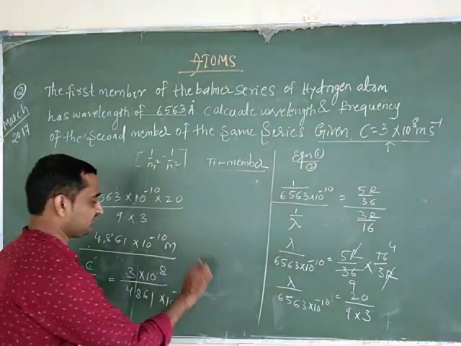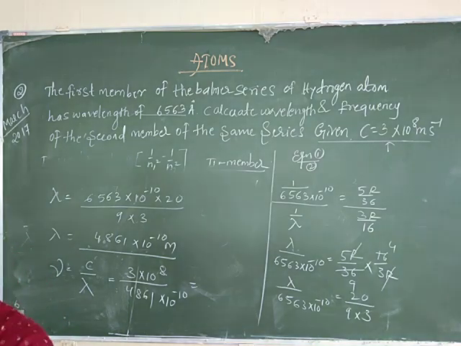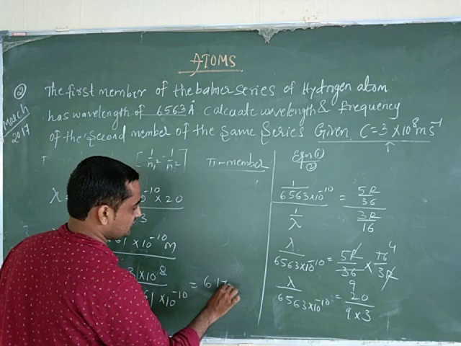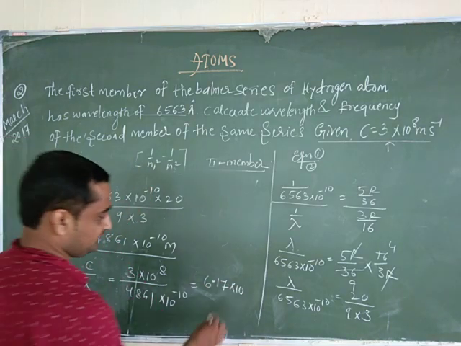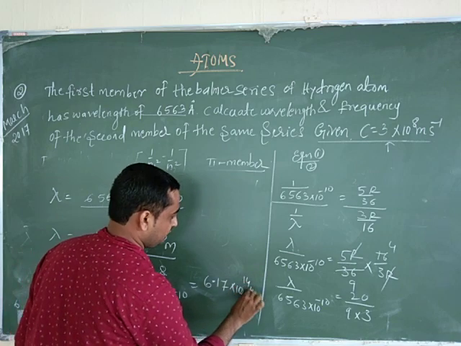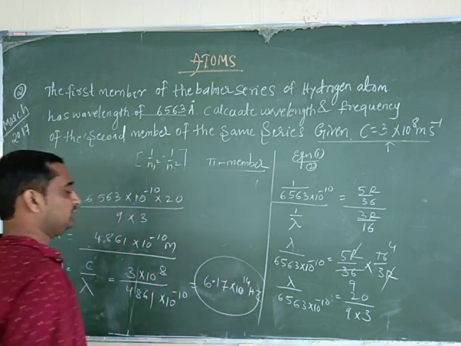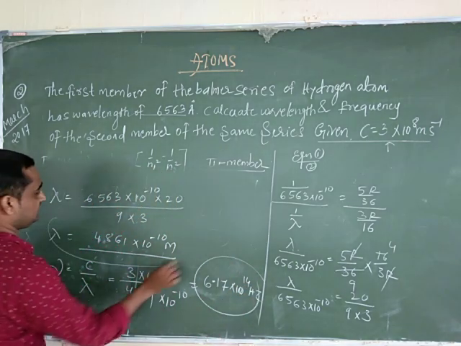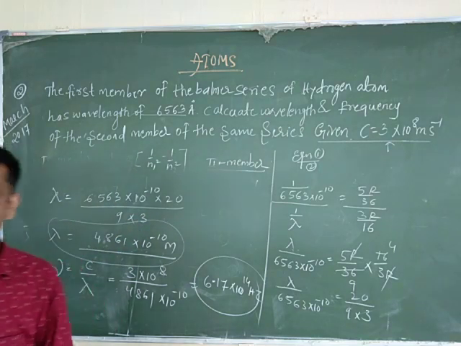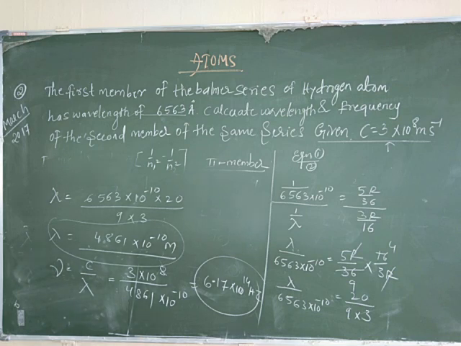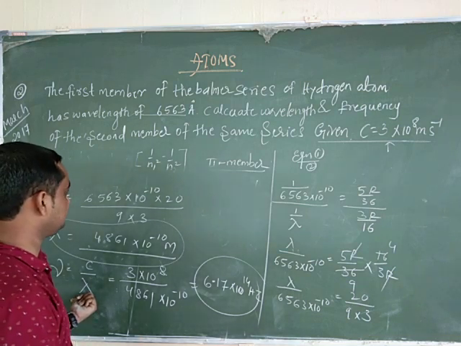By solving this, we will get the answer 6.17 into 10 to the power 14. So this is the value of frequency, and this is the value of wavelength of the second member of the Balmer series. Now in this way you have to solve based on the calculation of frequency as well as the wavelength.